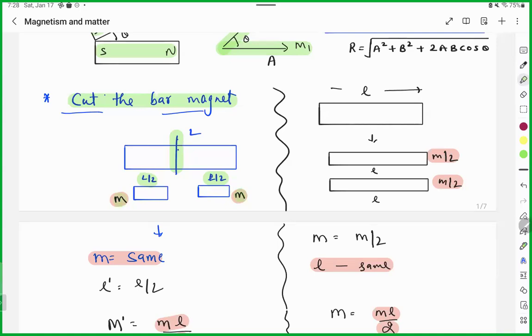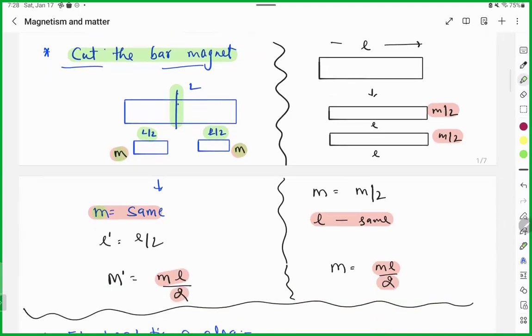That is the most important. Pole strength m will remain the same, but length will reduce. In this case, pole strength is the same, but length is L by 2. If you see the magnetic dipole moment of each part, it will be mL by 2, because pole strength is the same and length is L by 2.